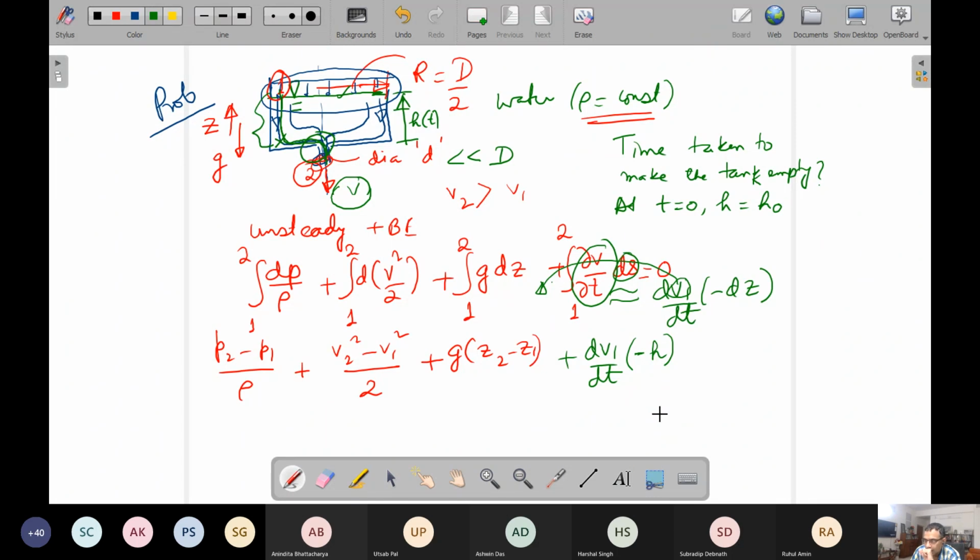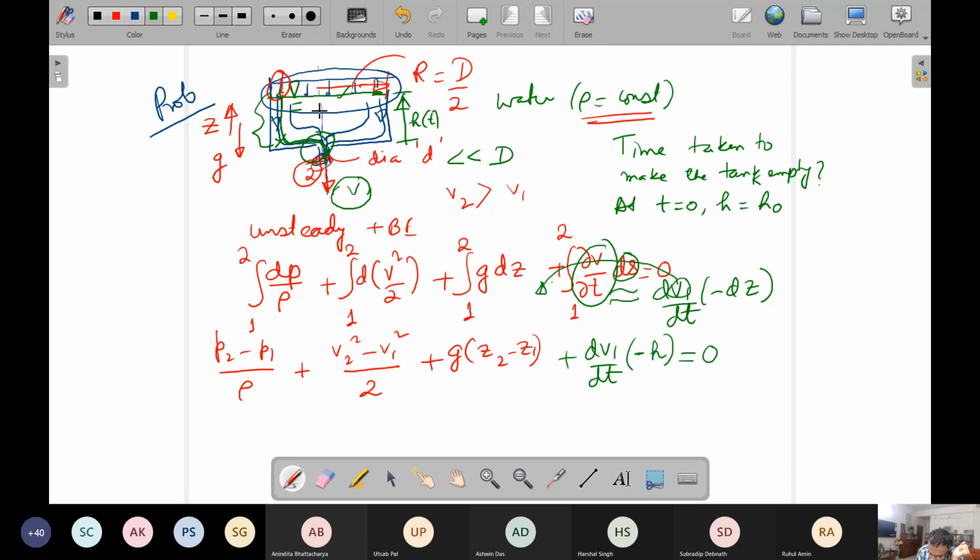So this actually gives you the equation, but that's not all. I mean, this doesn't give us anything to solve the problem. We have to put in significantly more insights.